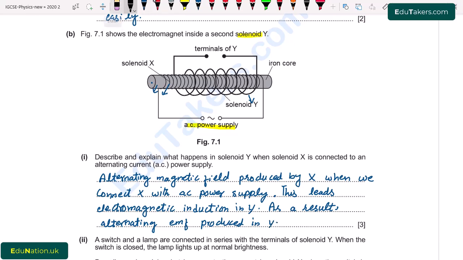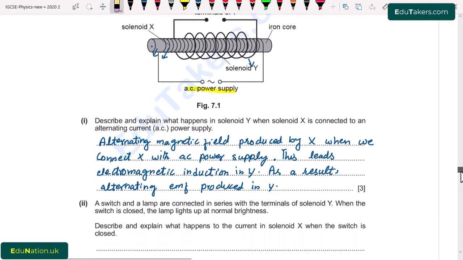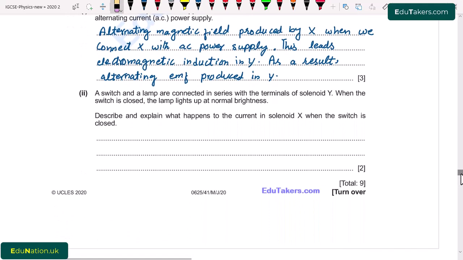Part 2. A switch and a lamp are connected in series with the terminal of solenoid Y. When the switch is closed, the lamp lights up at a normal brightness.